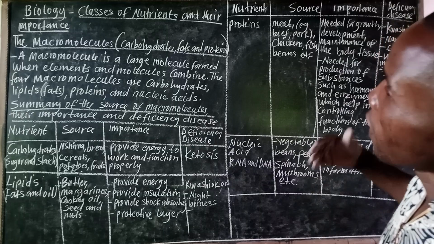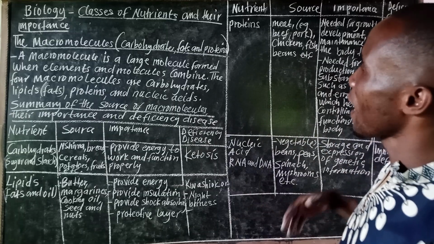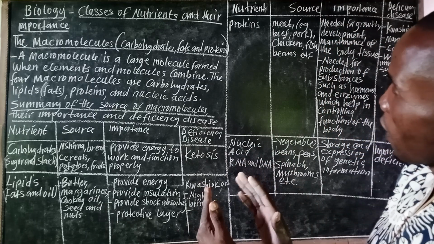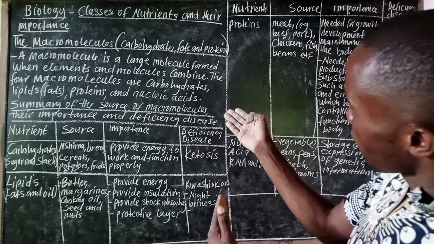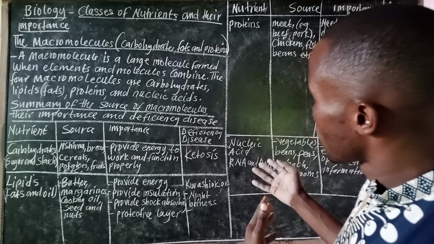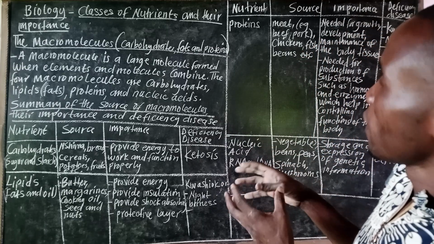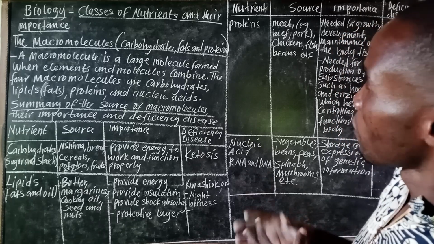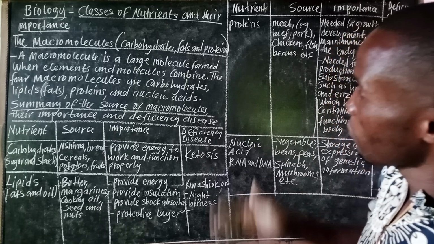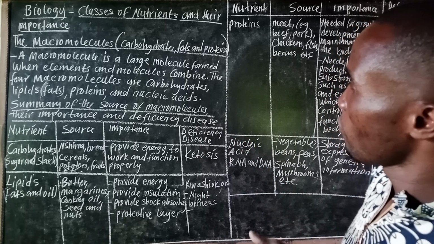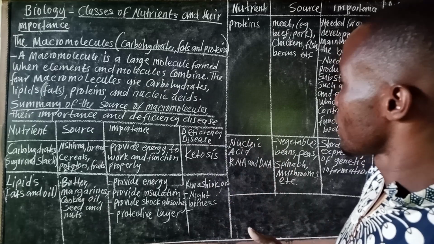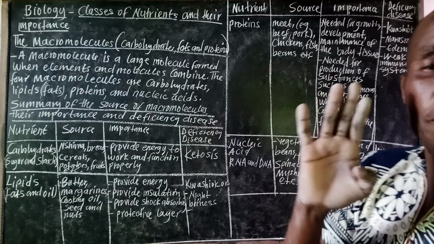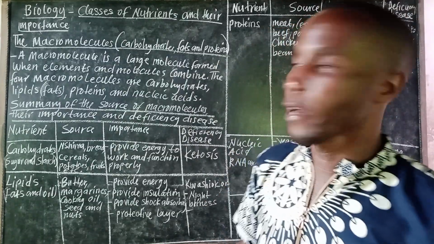Okay, so the four macromolecules are carbohydrates, lipids, which is also called fats, proteins, and the nucleic acids. So these are four major micromolecules.